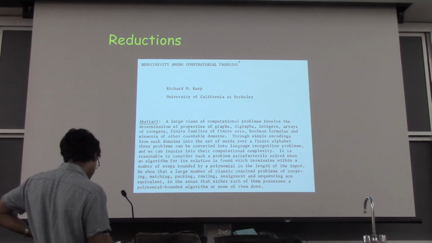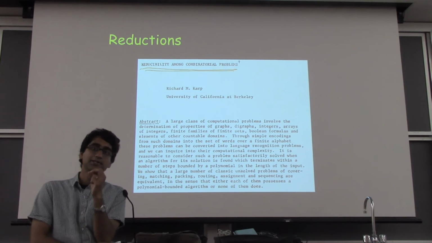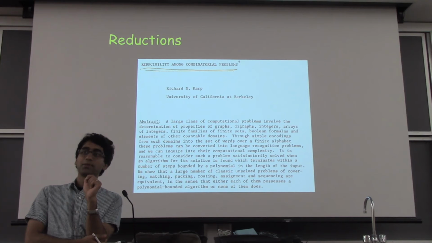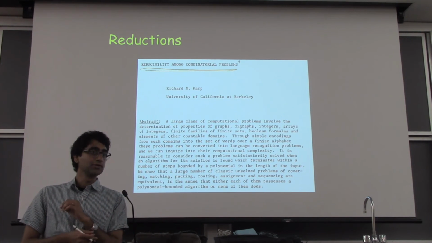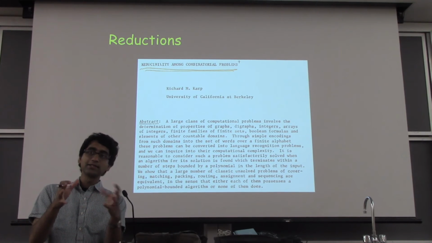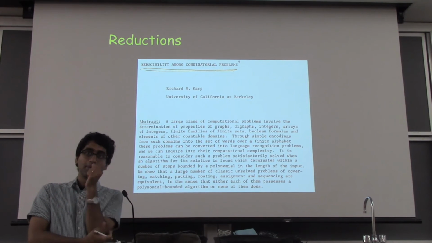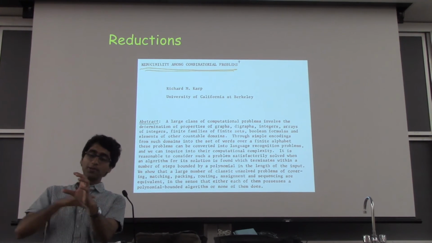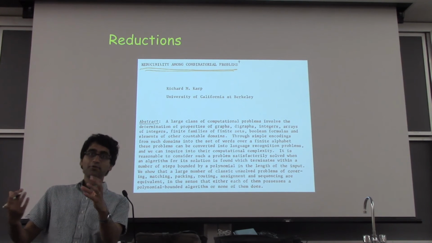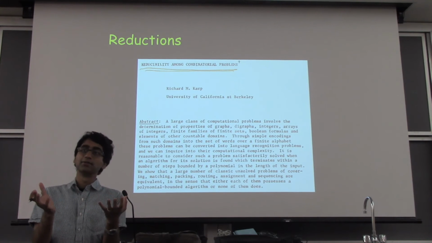But anyway, it was one of the first papers that realized this notion of equivalence between problems. What he said was, you have this popular problem, popular even by that time, the problem of satisfiability, but he could show that there are a whole bunch of combinatorial problems which on the face of it have nothing to do with satisfiability.